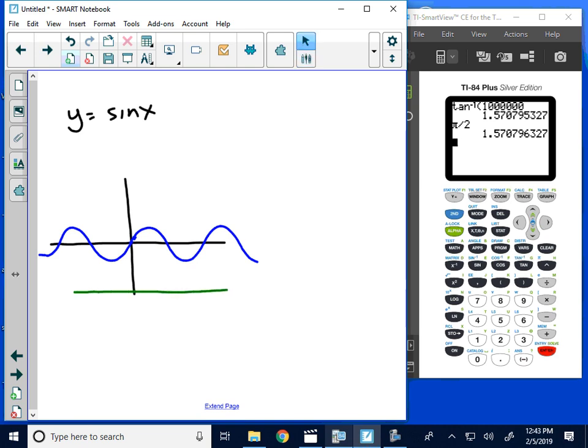Any horizontal line would hit it in multiple places, an infinite number of places. So not invertible, there is no inverse, unless we restrict the domain. And the standard restriction is to take away all the wave up to this first crest, and all the wave down here, down to this first trough, right, like that. And just consider this portion of the wave.